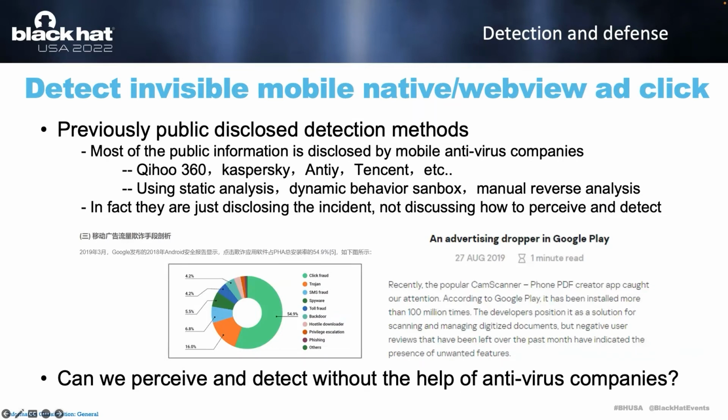Those mobile antivirus companies generally only disclose those instances, but they do not disclose how to perceive and detect it. So we wondered, can we actively perceive such risks without the assistance of antivirus companies?